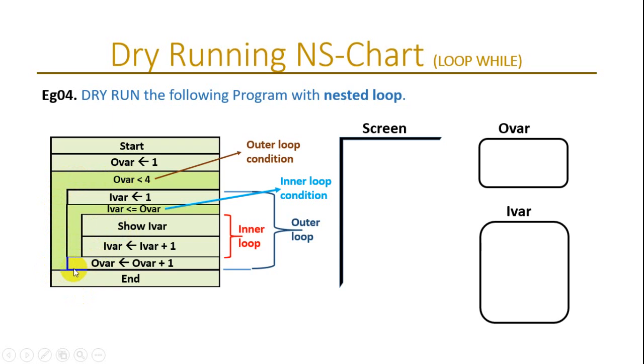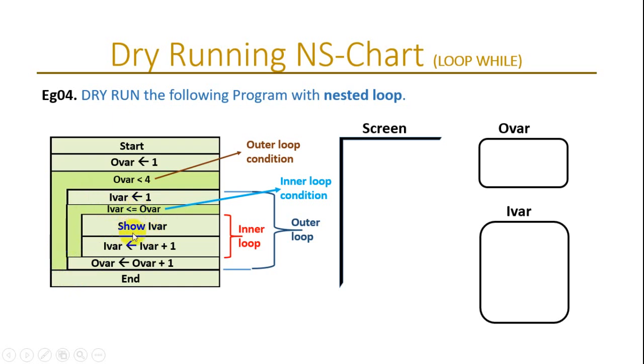All inner loops should end before the outer loop, or at the line where the outer loop ends. If you extend this inner loop, IVAR less or equal to OVAR, beyond this point, it will be wrong. You can't write a chart like that. Always the inner loop should end inside the outer loop.